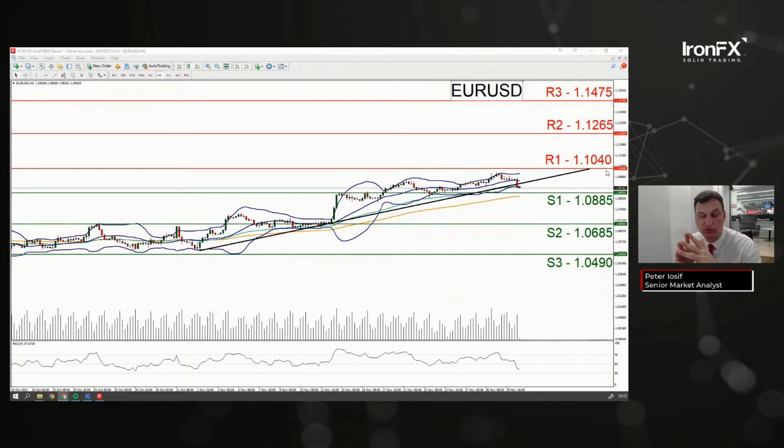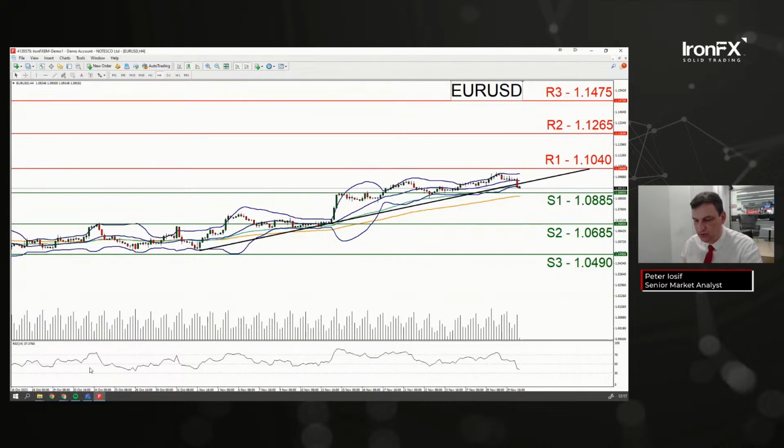That's the prognosis for now, at least. Once again, though, for a bearish outlook, I would require a clear break of the S1 1.0885, and that does not seem to be the case right now. I would, on the contrary, expect some sort of a stabilization of the pair.